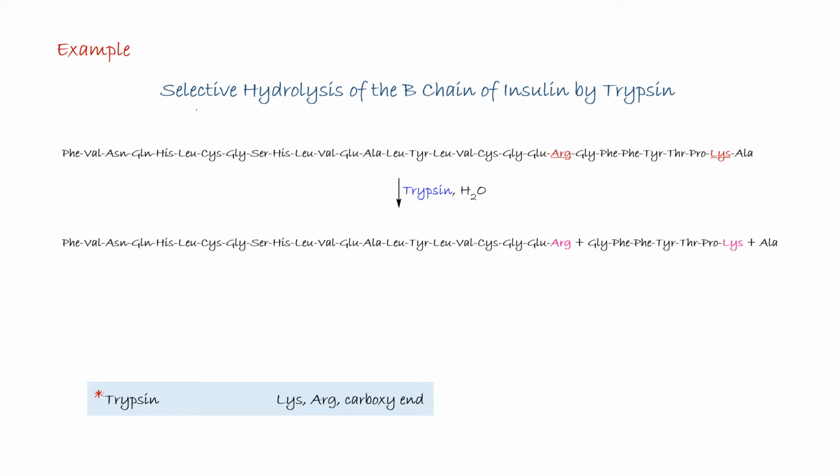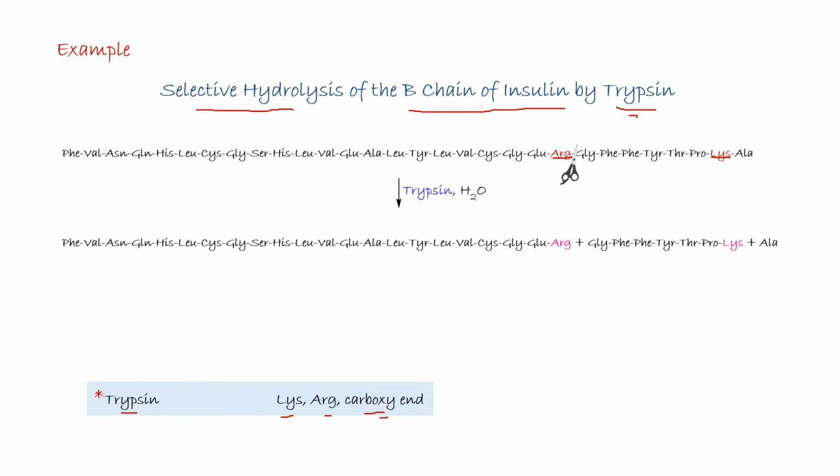Well, here is an example of selective hydrolysis of B-chain insulin by trypsin. Here we have arginine and we have lysine, and remember that trypsin will hydrolyze lysine and arginine at the carboxy end.